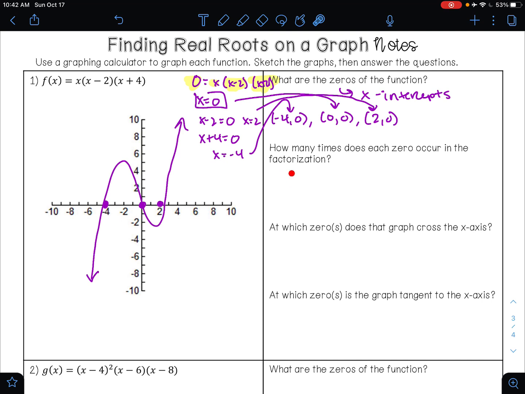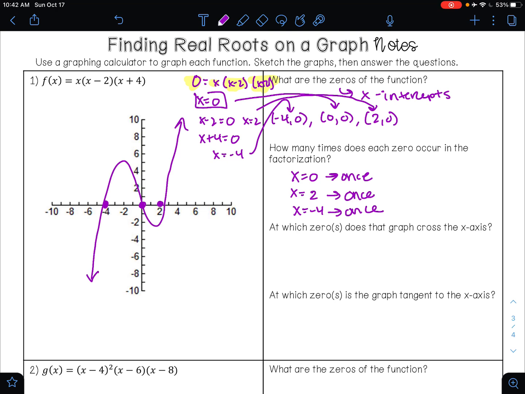So x equals 0 happens once. x equals 2 happens once. And x equals -4 happens once. At which zeros does the graph cross the x-axis?